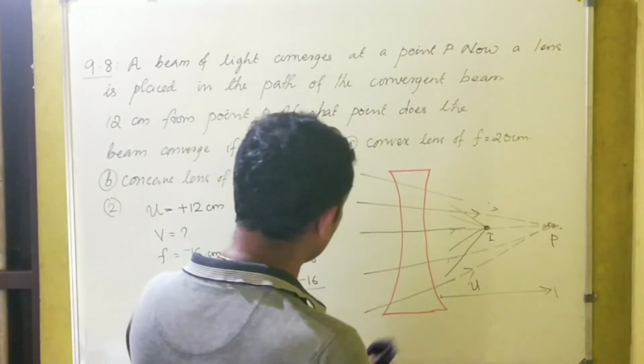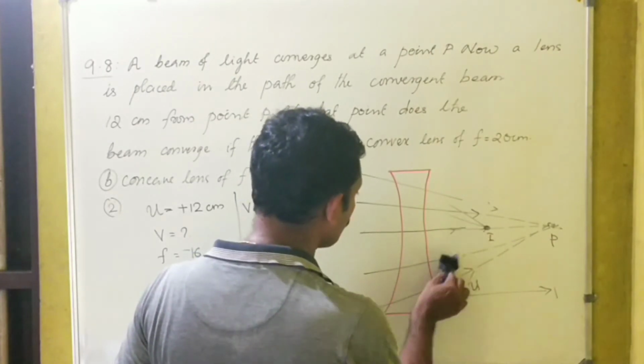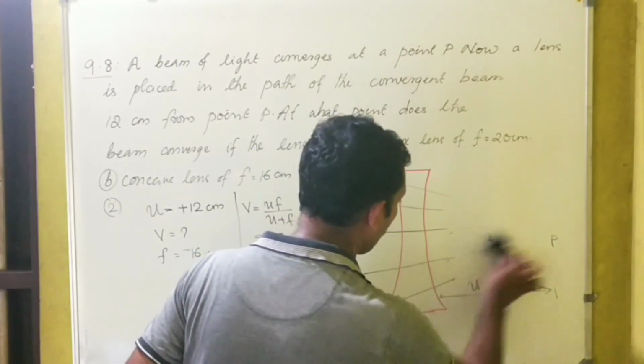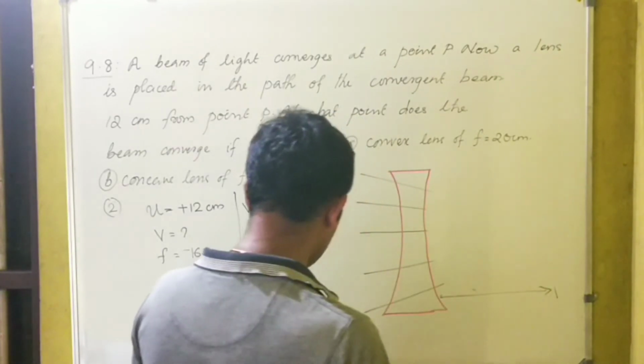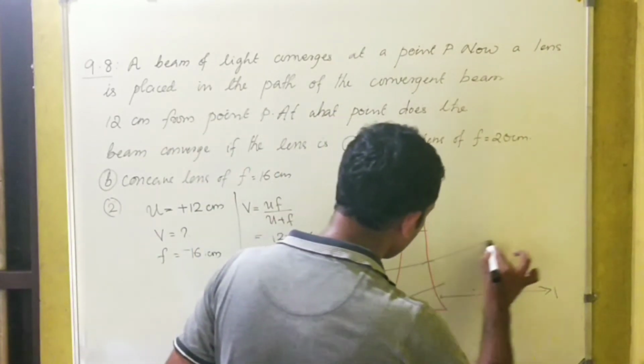So what happened here? This lens has produced a diverging effect. Since I need to incorporate that 48 centimeter, I will make this smaller.